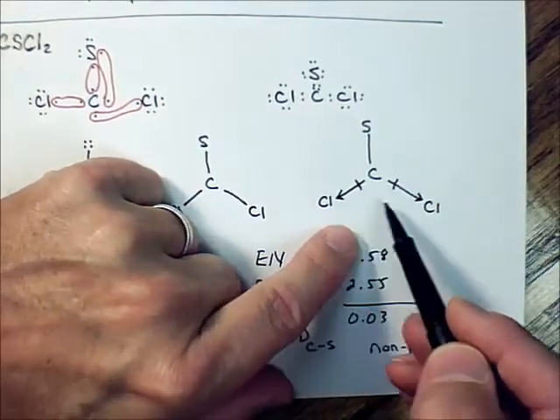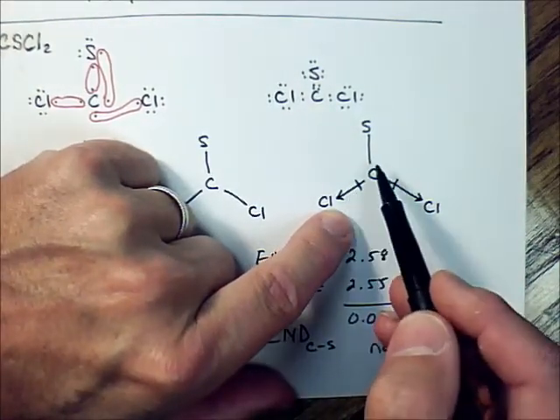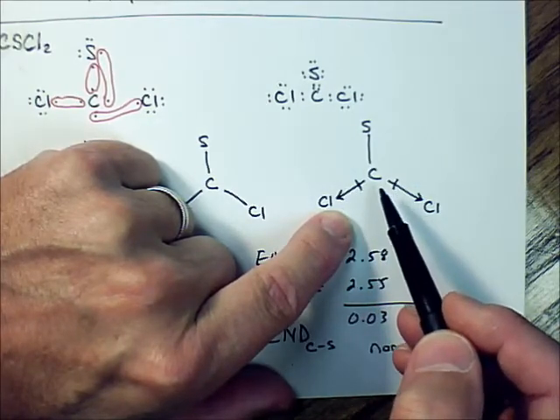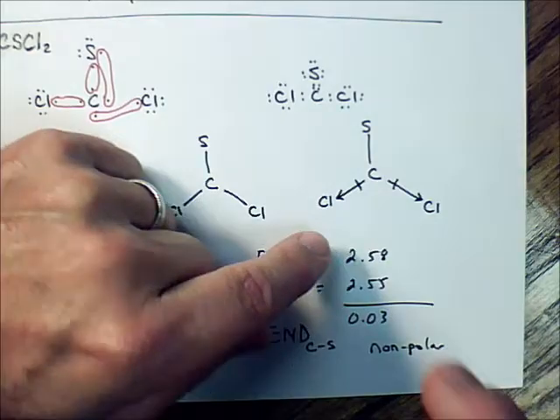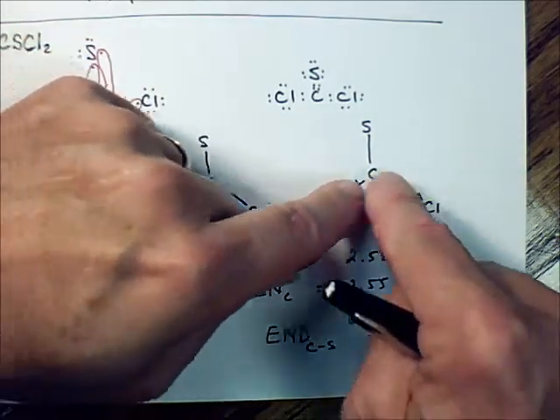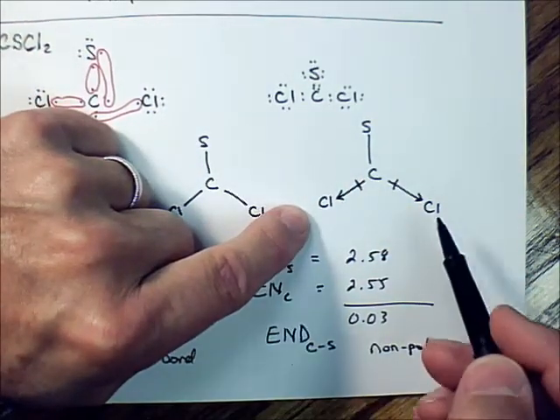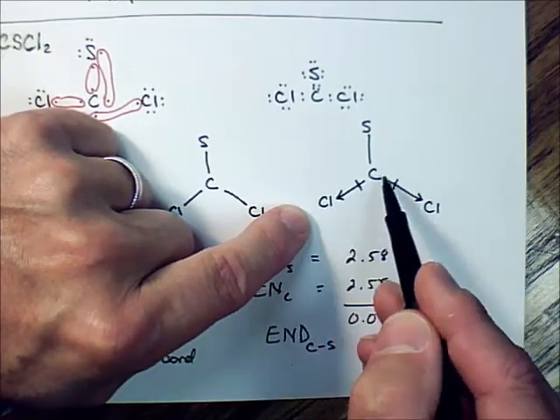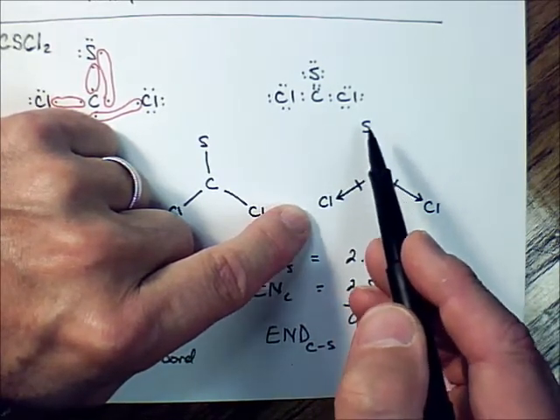But here's the thing: because this one's nonpolar, and because of these two arrows here, the overall direction of electronegativity is flowing out here. So the electrons tend to spend more time out here around the chlorines than they do around the carbon or the sulfur.